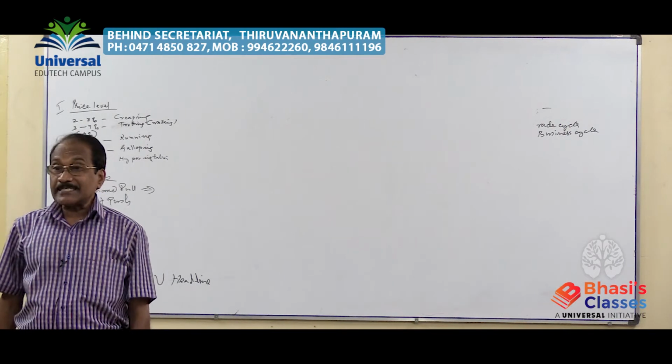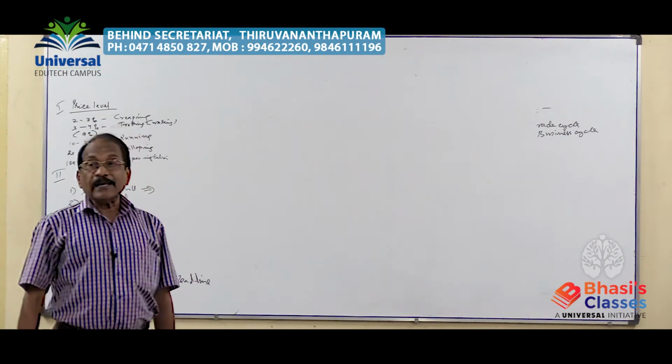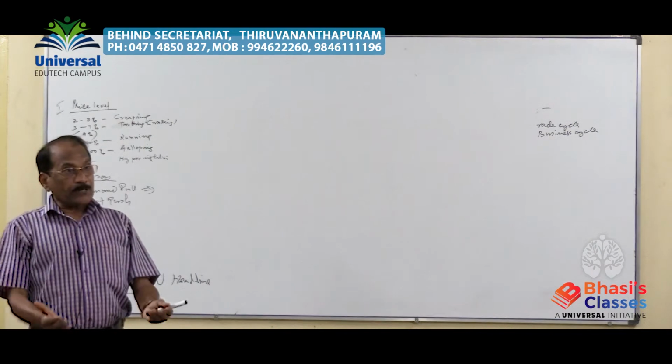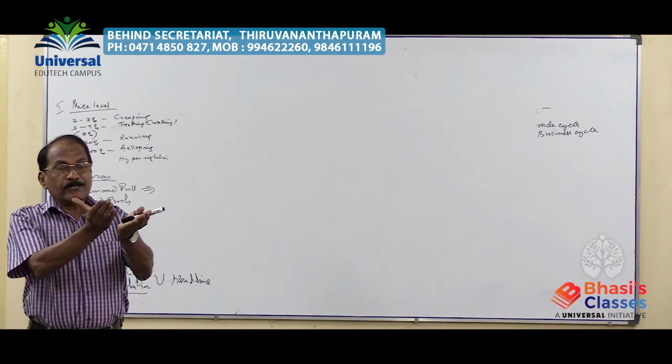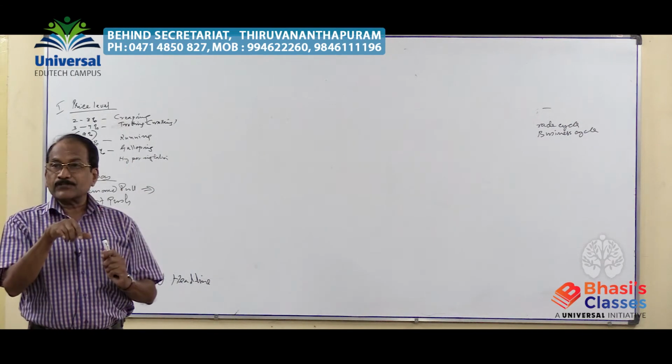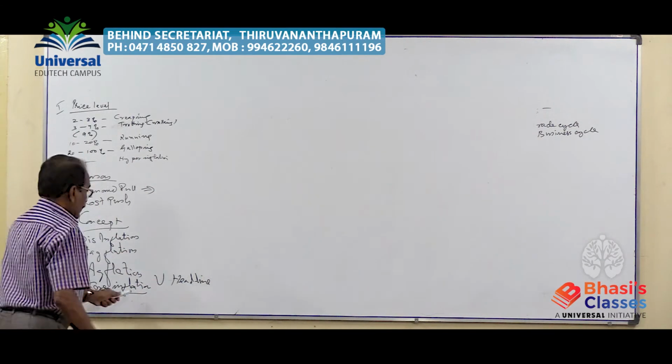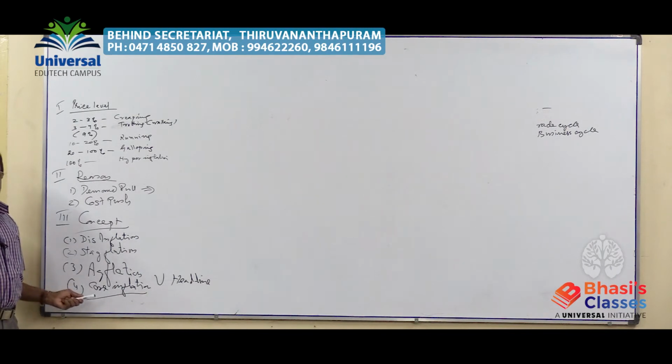When the wholesale price index number is going on rising, the prices of industrial products and manufactured products are going on increasing, known as core inflation.